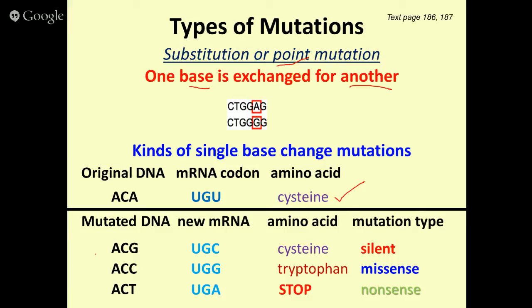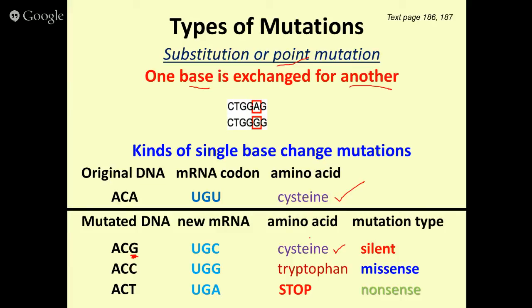Now let's take a look at our mutation possibilities. The first one, it was supposed to be ACA, and now we have changed it to ACG. So instead of an A here in the third base, we now have a G. How is that going to affect the messenger RNA? We're now going to have a messenger RNA codon that says UGC. Now the good news is, if you look UGC up in the codon dictionary, it codes for cysteine.